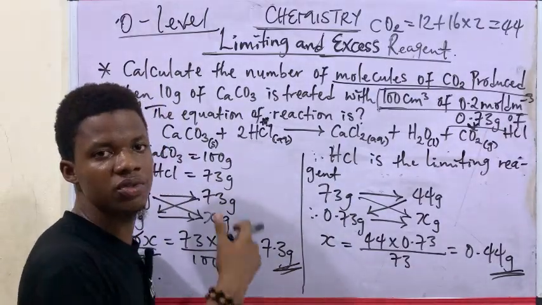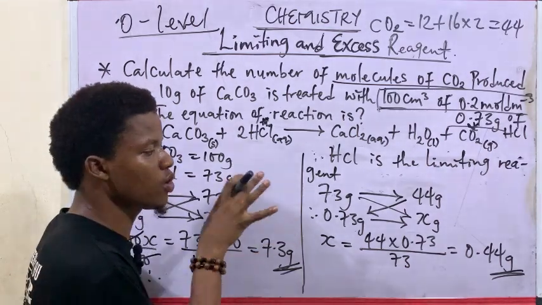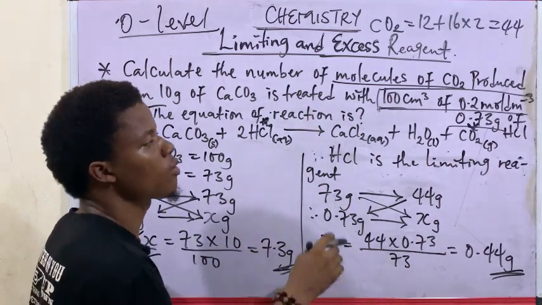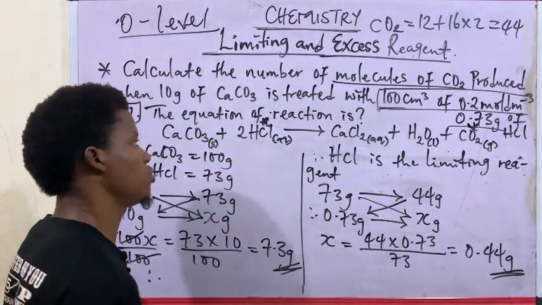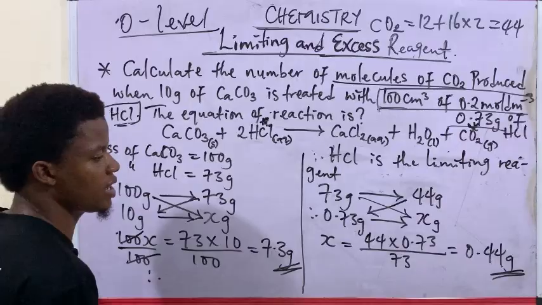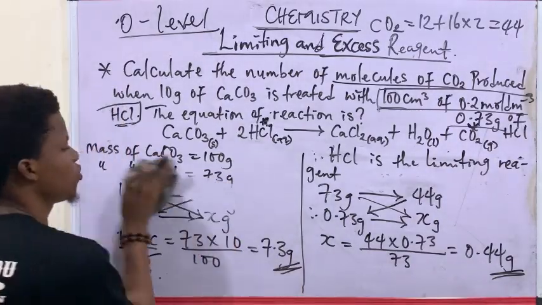All right, now we have not gotten to the end of this. We want to get the molecules of CO2. Now what we got is the mass of CO2 produced. So now let us get the molecules of CO2 produced.